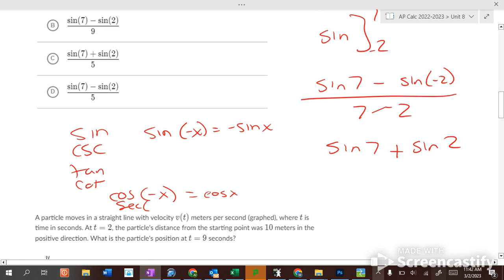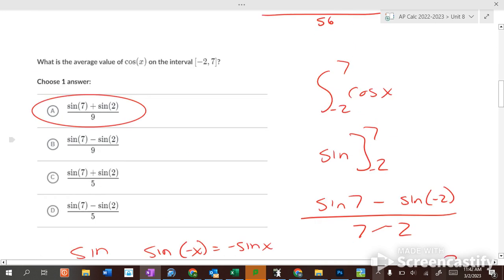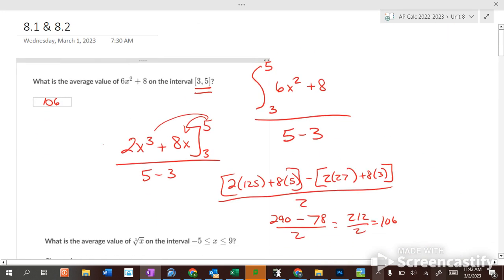Same with secant. So it'd be the sine of 7 plus the sine of 2 all over 9. So it'd be choice A because it's an odd function. Okay? So that's what we're doing on the first part.